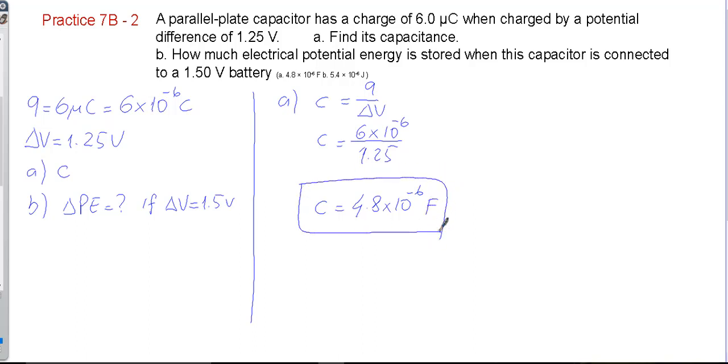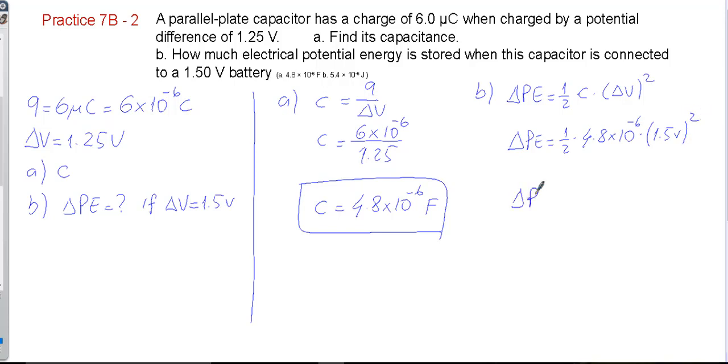Now we know the capacitance, and the potential energy is wanted now. Again, B: the delta potential energy is equal to 1 over 2 C multiplied by the square of delta V. Delta potential energy is equal to 1 over 2 multiplied by C, 4.8×10^-6, multiplied by the square of 1.5 volt.